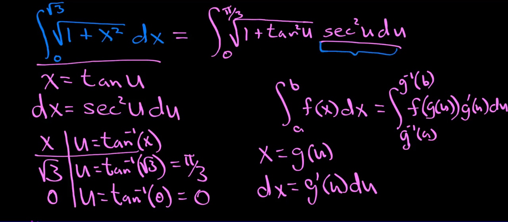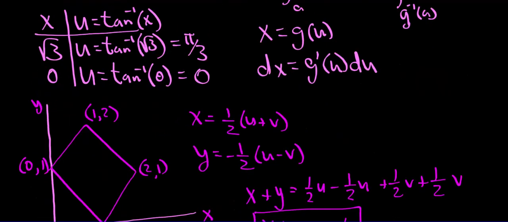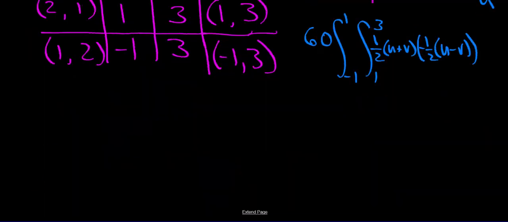There's something that you can't just substitute in and change the bounds. There's going to be something that is going to be multiplied here. Now, this is the Jacobian for these 2 dimensions. Let me just give you the Jacobian, how we're going to calculate it. The Jacobian is written this way.